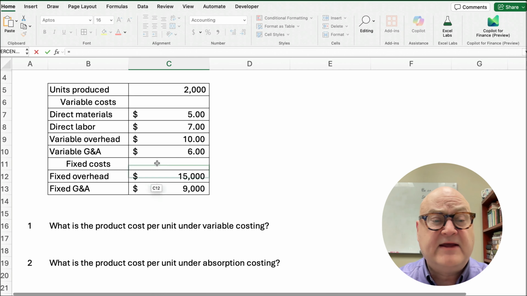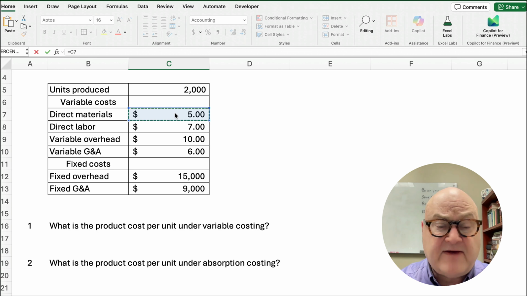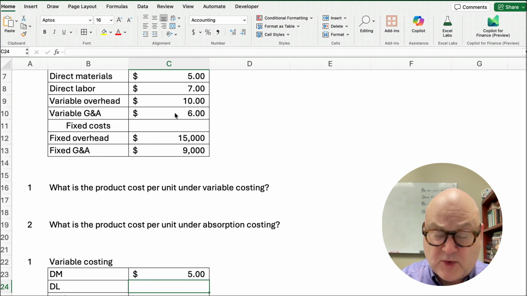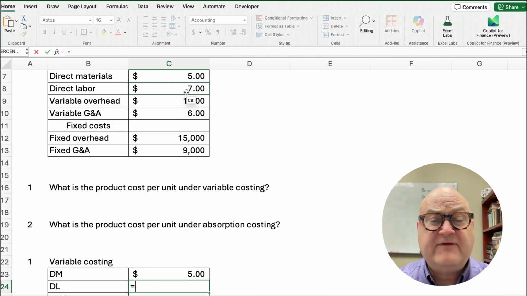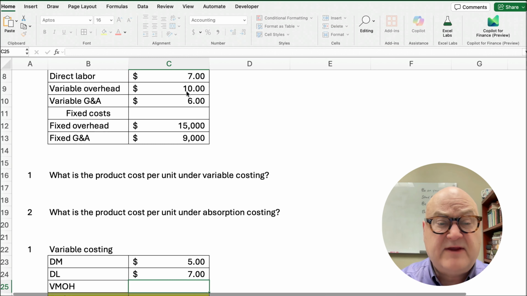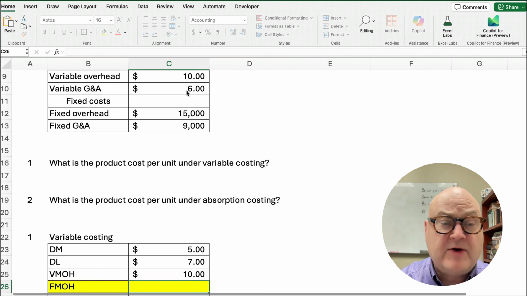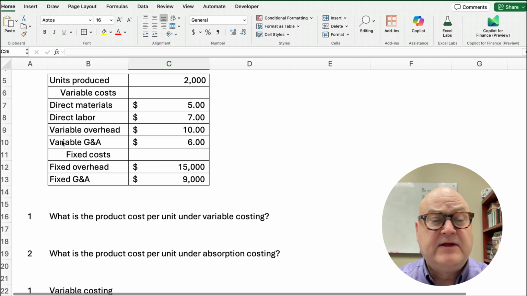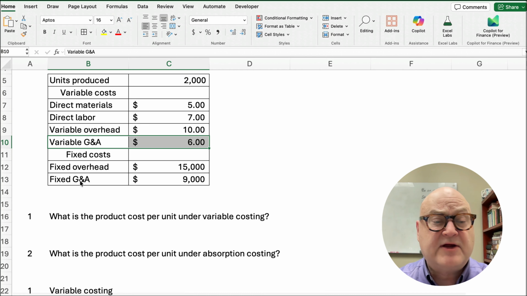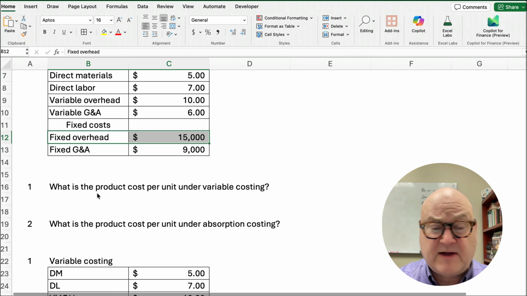So we're going to take the direct materials of $5. We'll take the direct labor of $7, and we'll take the variable overhead of $10. Okay, we're going to exclude the general and administrative because that's not a product cost, and we're not going to use the fixed overhead because that's a fixed cost.